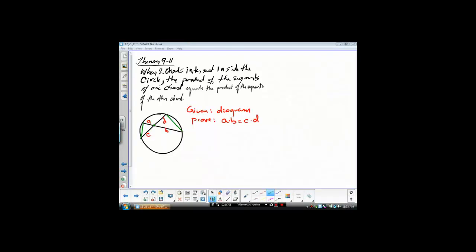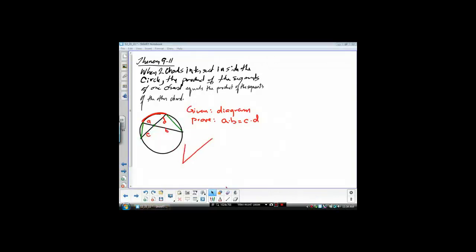And what I can look at is inscribed angles that intercept this arc. Are there two inscribed angles there that intercept that arc? There is this inscribed angle that intercepts that arc, and there is this inscribed angle that intercepts that arc.